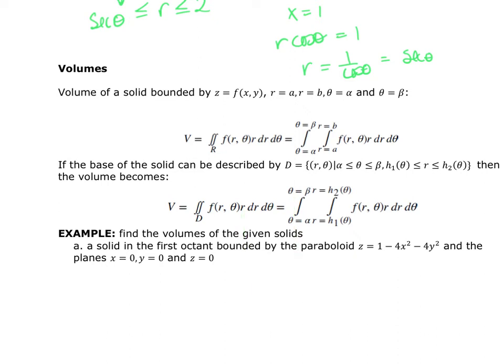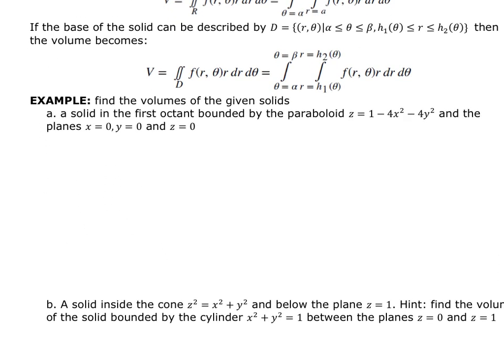So the first one is we're in the first octant, which means I am constrained by the plane x equal to 0, the plane y equal to 0, and the plane z equal to 0, and the paraboloid z equal to 1 minus 4x squared minus 4y squared.